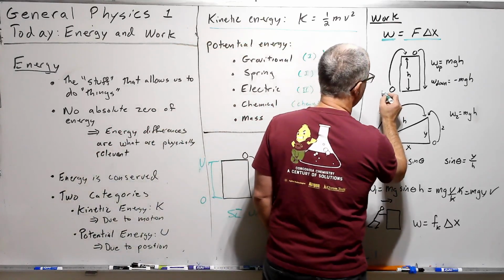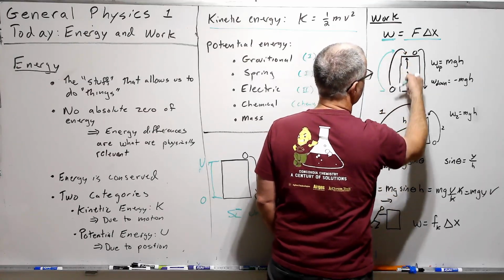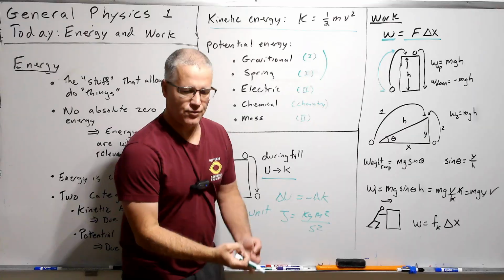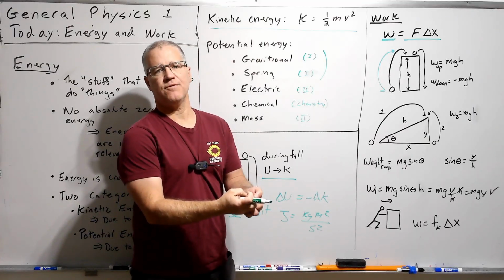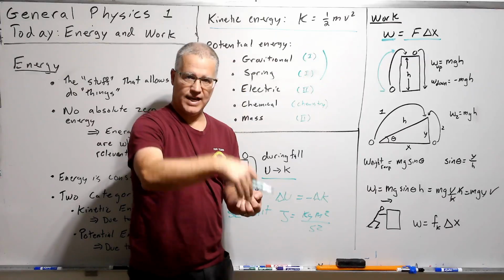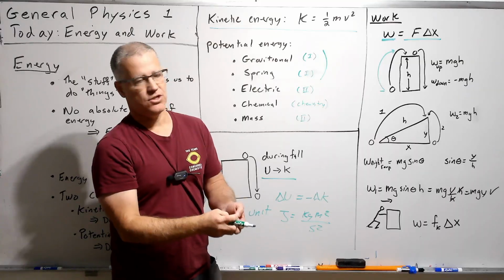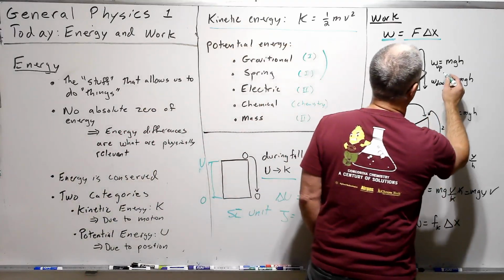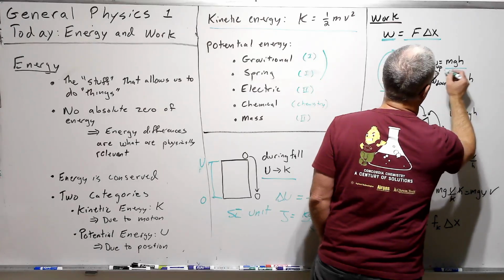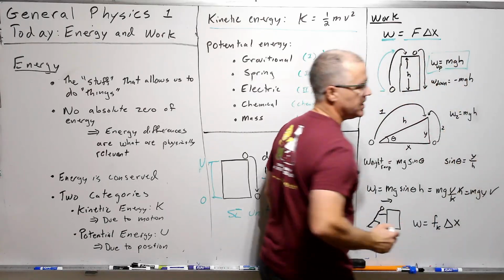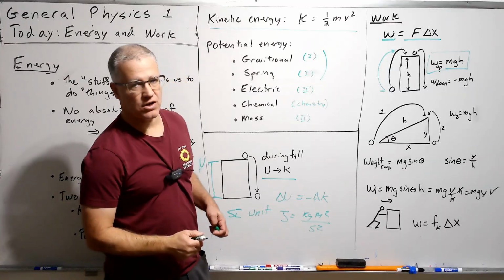If we were to take a ball and try to lift it up to this height, we would need to supply a force equal to the weight. So we would need to supply mg of force, and so the work moving up would be mgh. That would be the amount of work done.